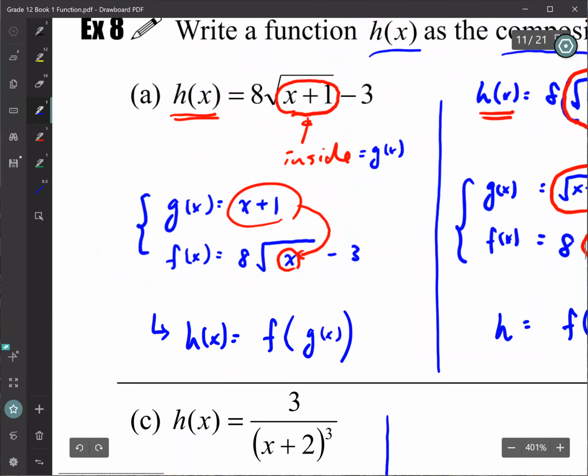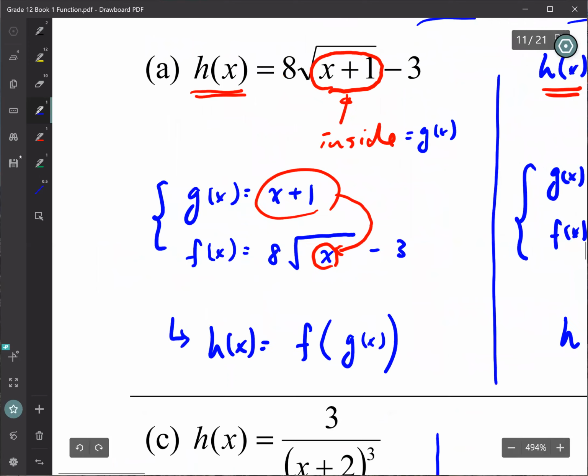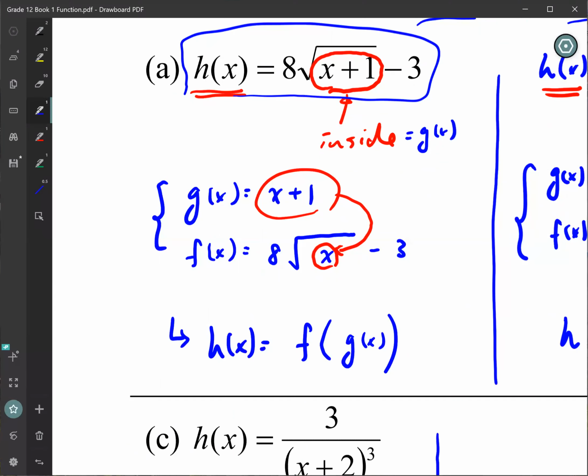Okay, so like question A, here we chose inside to be x plus 1. Okay, Catherine? Yeah, okay, inside is x plus 1. So if I replace the x plus 1 into the square root, then it will look like the original function at the top, at the question. Make sense? Yep. Okay, so once you decided which part to be the inside, then the inside part will become the x, because it's gonna act as a box.